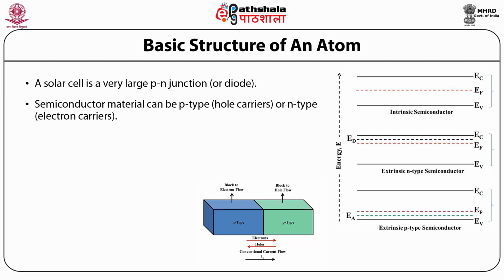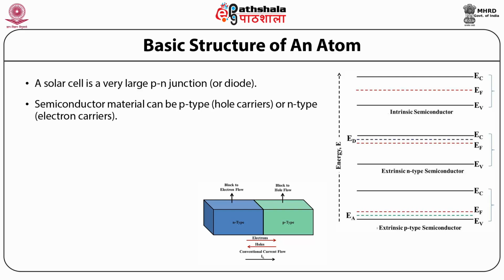The basic device requirement for solar energy conversion to electricity is an electronic asymmetry in the semiconductor structure, which is shown in the figure. This shows that a PN junction diode has that required asymmetry.